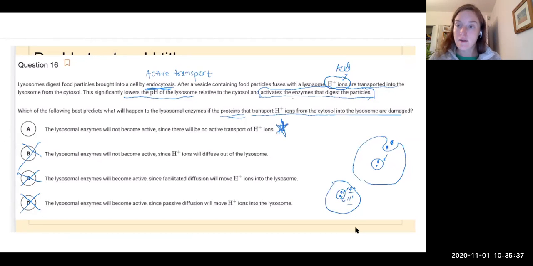Although the reason that I thought this question was tricky, and if you saw me hesitating a bit in answering it, I'm trying to answer it just with the knowledge you have right now, just with the knowledge from this question. They haven't necessarily told us that H+ ions are moving against their concentration gradient.